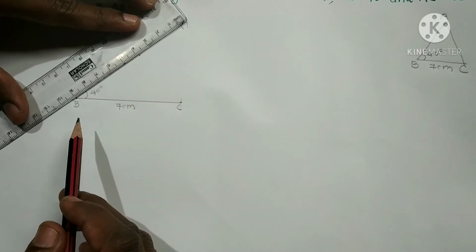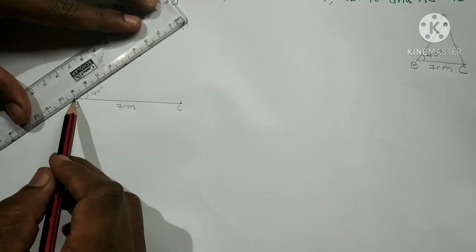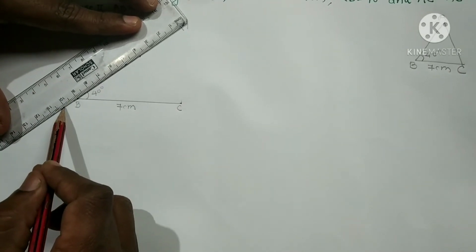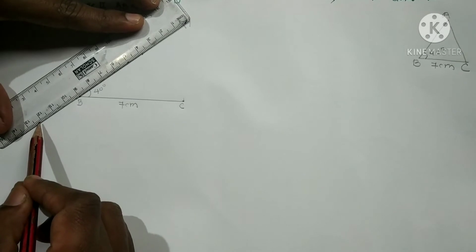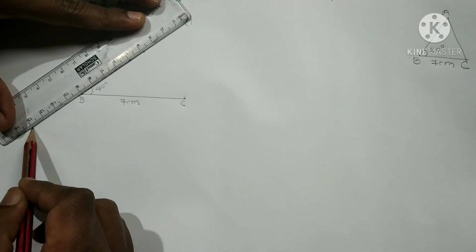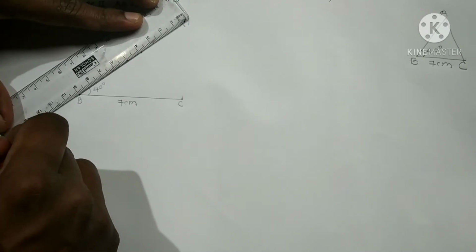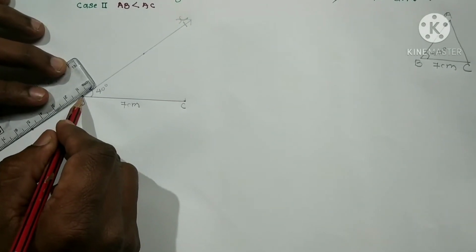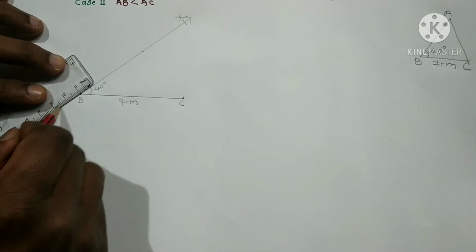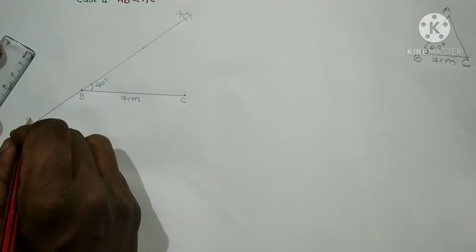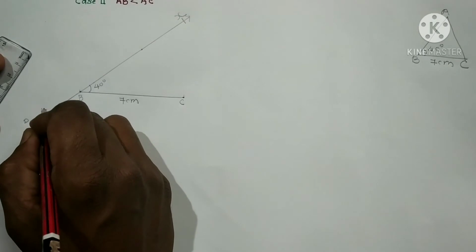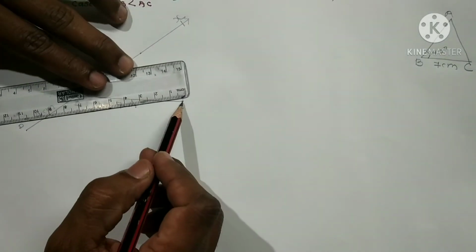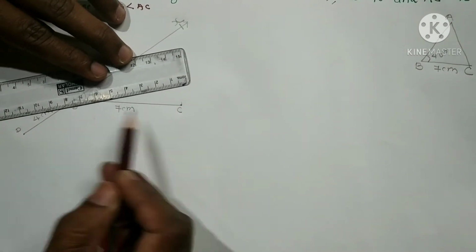So let us consider this 9 as 0. So this is 0, 1, 2, 3 and 4. So up to here. This point name is D and this is 4 centimeter.